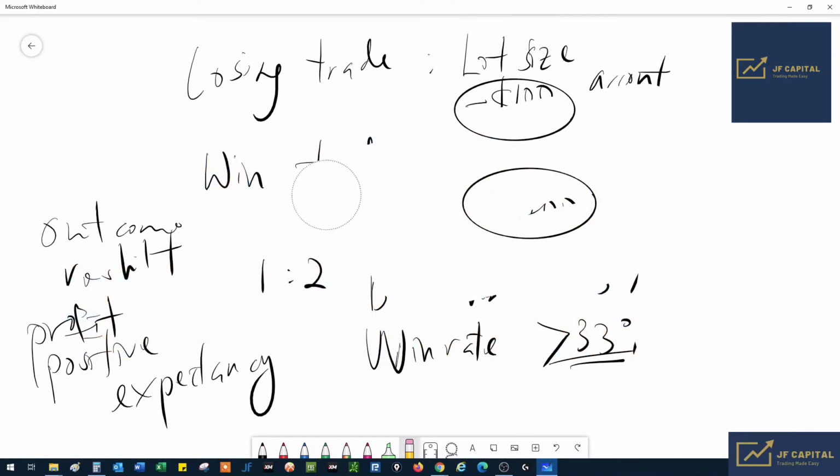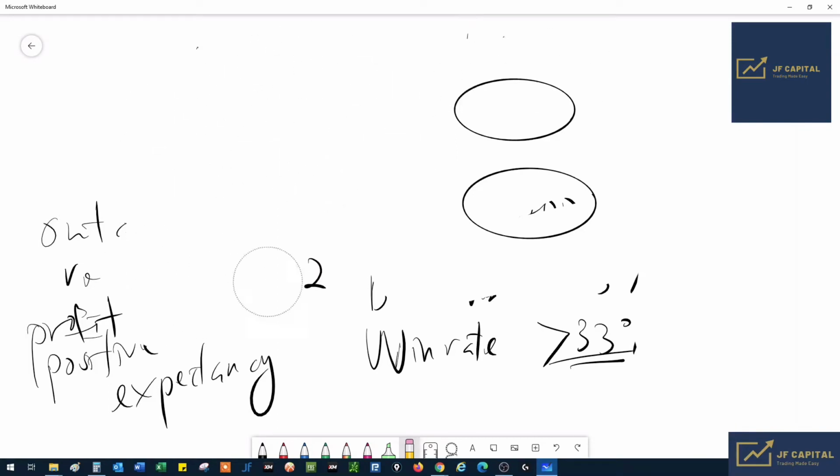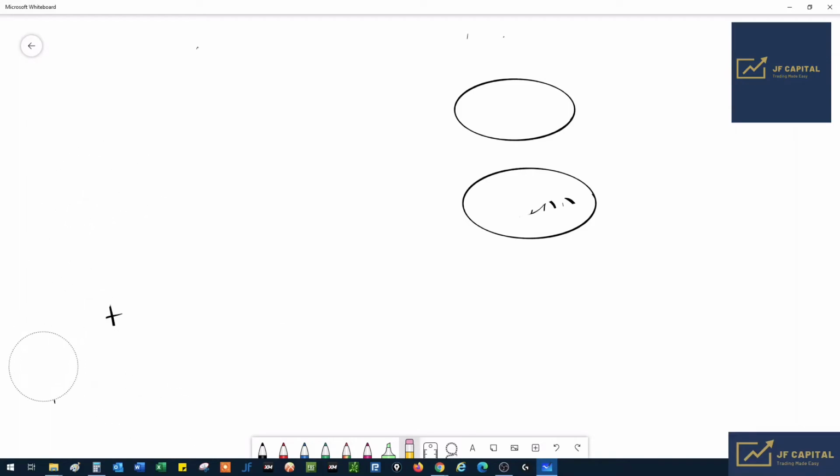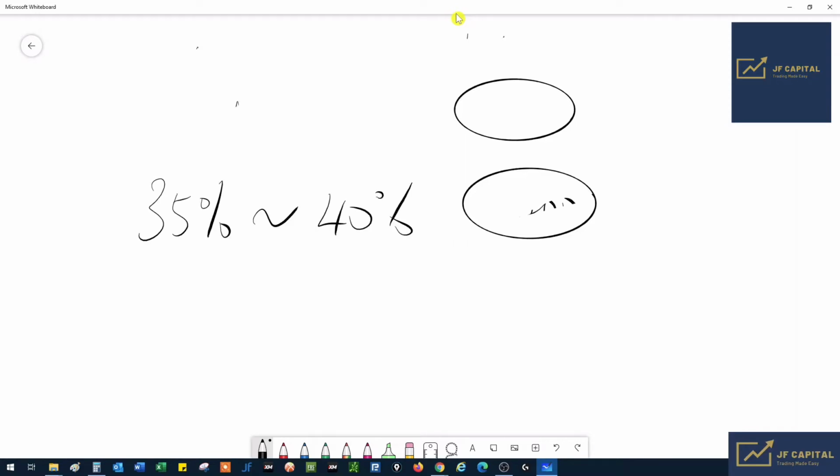So based on JFC Dragonfly strategy, the win rate is at 35% to 40% on average.